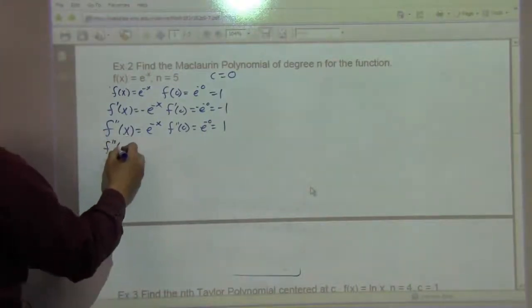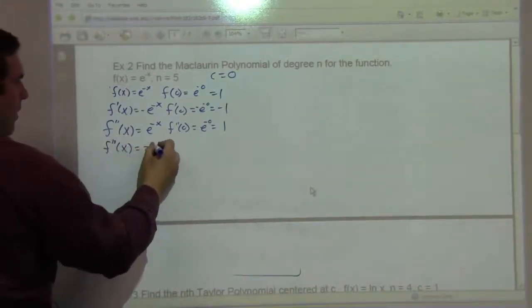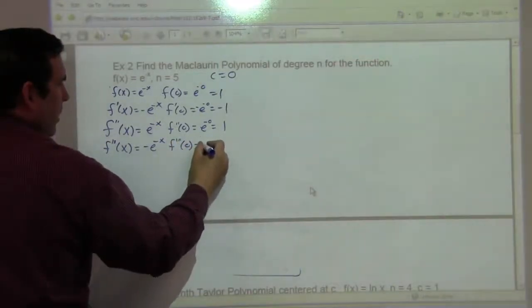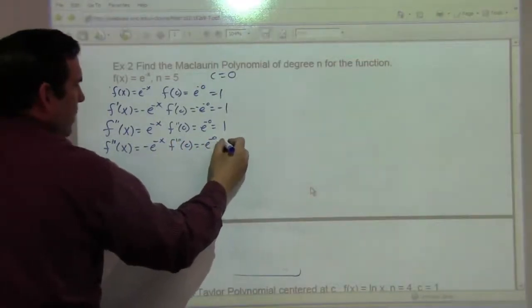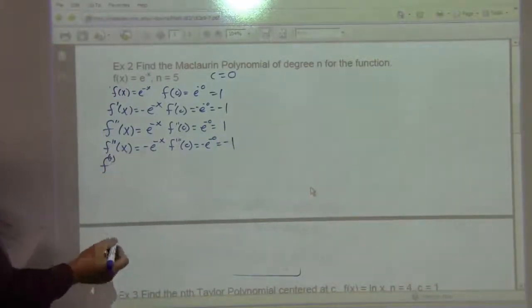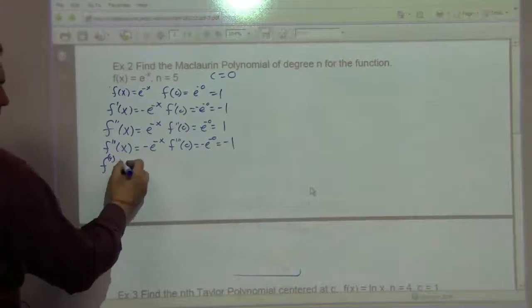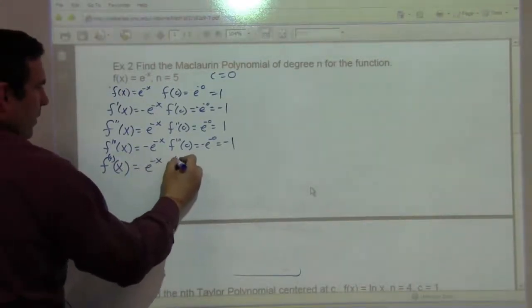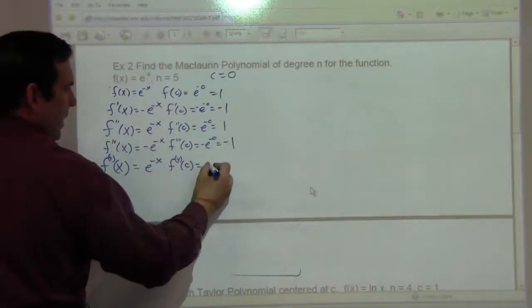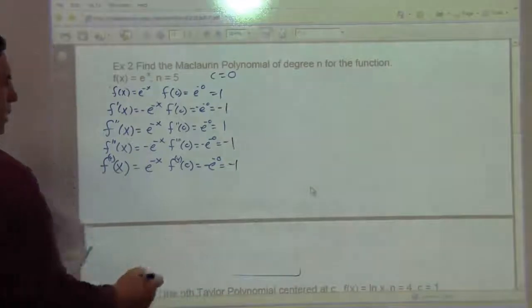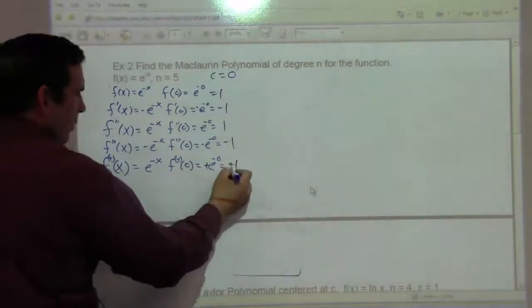F triple prime of x is going to be negative e to the negative x. F triple prime at 0 is going to be negative e to the negative 0, which is again negative 1. The fourth derivative of x is going to be e to the negative x. The fourth derivative at 0 is positive 1.